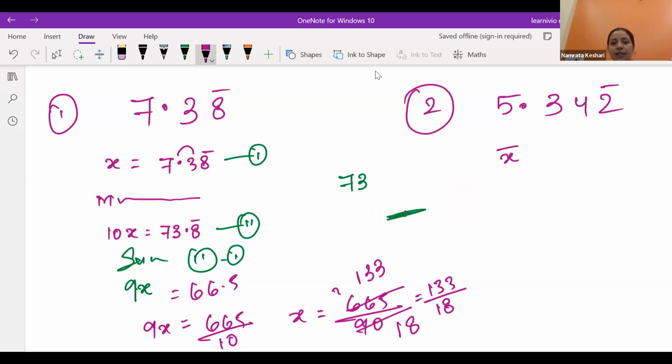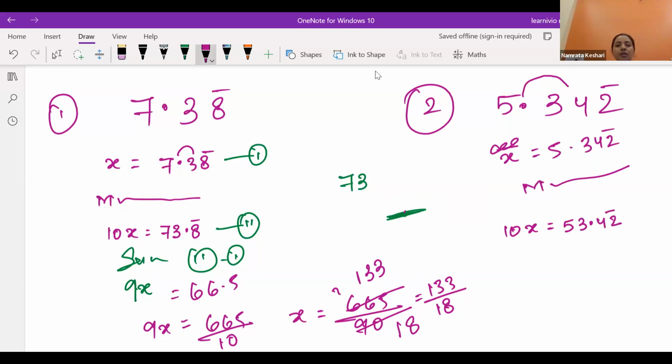So we'll write x equals 5.342 bar as it is, and then multiplying both sides by 10 will give us 10x equals 53.42 bar, since the decimal will shift one place towards the right. So far, any confusion to anyone? No, ma'am. Okay, let's do it. Now we'll be subtracting equation 2 minus equation 1.